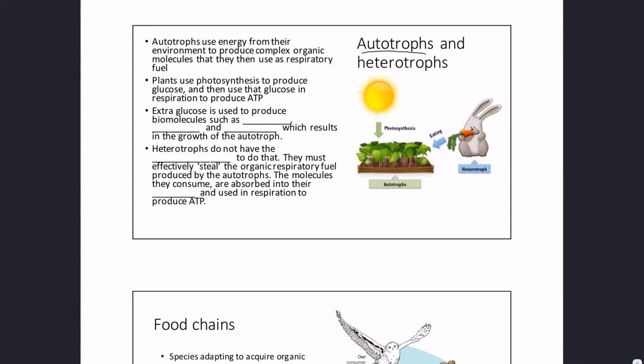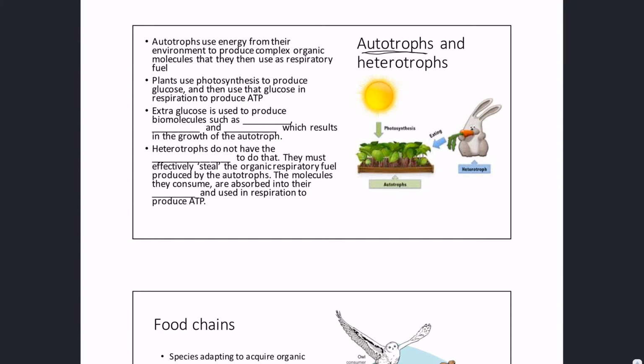And species that can do this are called autotrophs. So they are making their complex organic molecules themselves, and once they've made them, they break them down in the process of respiration, releasing the ATP, and then allowing the cell to carry out all the things that cells need to do, including grow and form tissues and organs and so on.